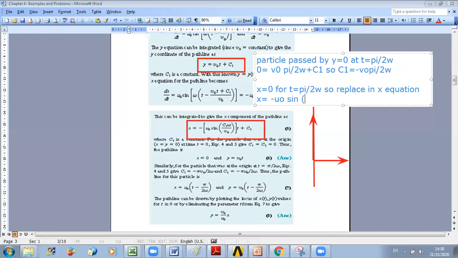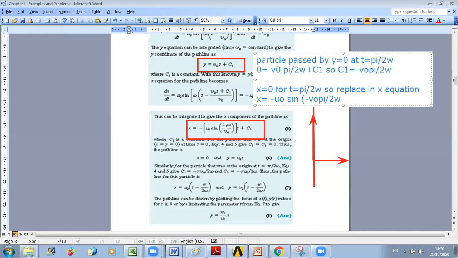I can replace c1 by its value, minus v0 pi over 2 omega.